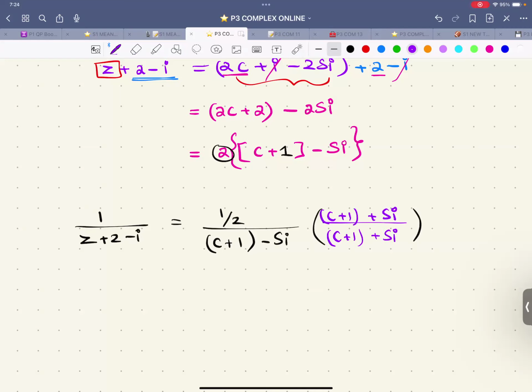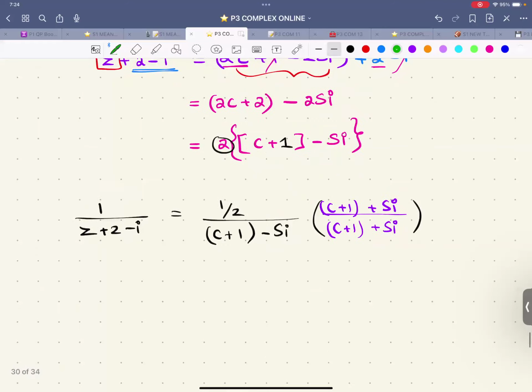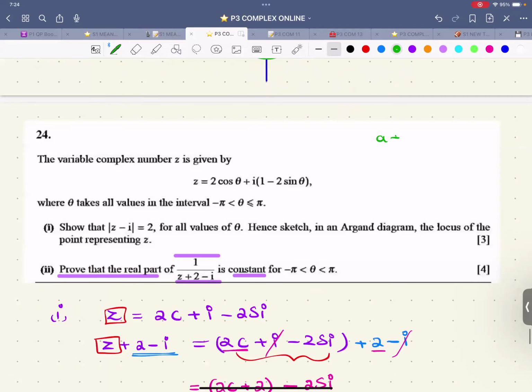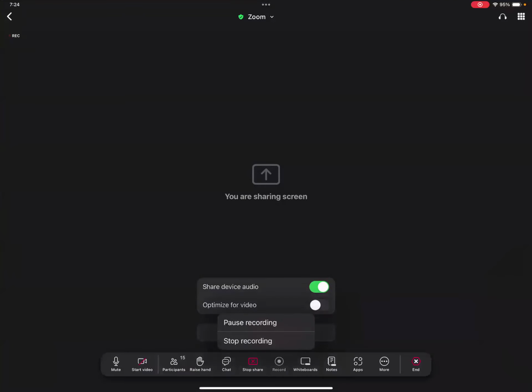All good, all clear. So now when you are rationalizing this, what is happening? Let me write it at this corner: a plus bi into a minus bi is equal to a squared plus b squared. And let me just check one thing, that the recording is on.